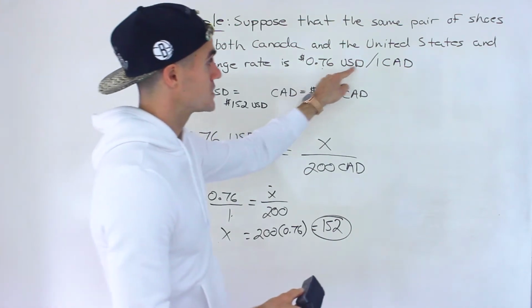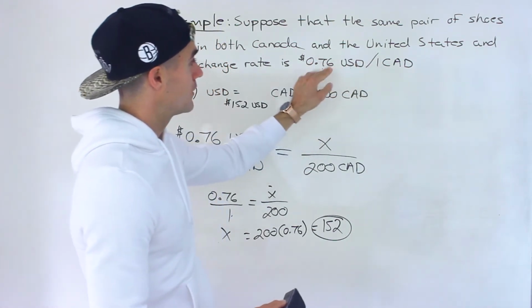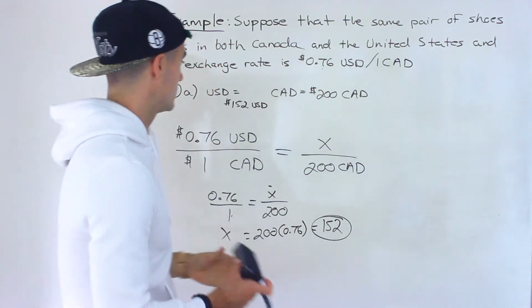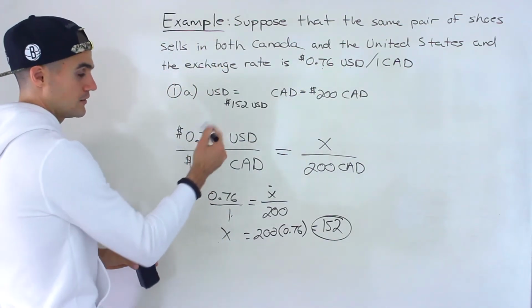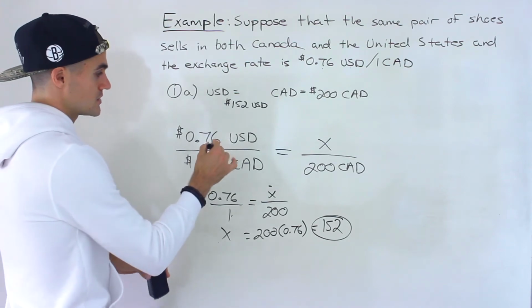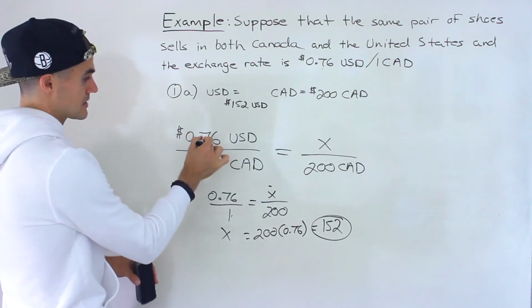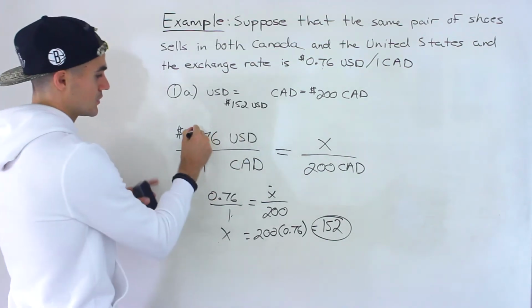Now it doesn't have to be USD per CAD. We could have had some kind of number here, CAD per USD, and it'd be greater than 1. Right? The way you could get that number is you could take 1 divided by 0.76, but whatever that number would be, you'd have that number here. Let's say it's like $1.20.